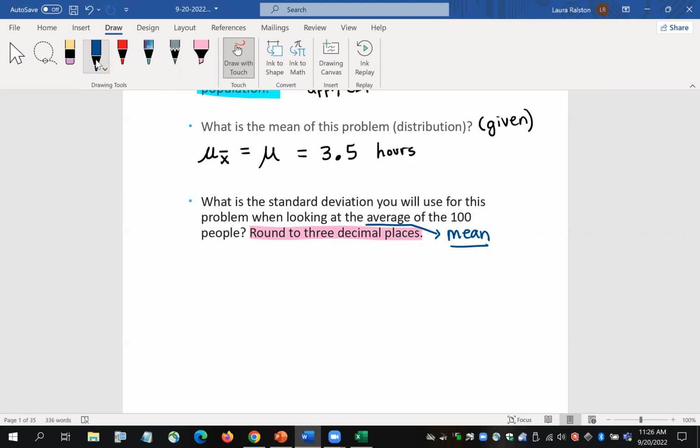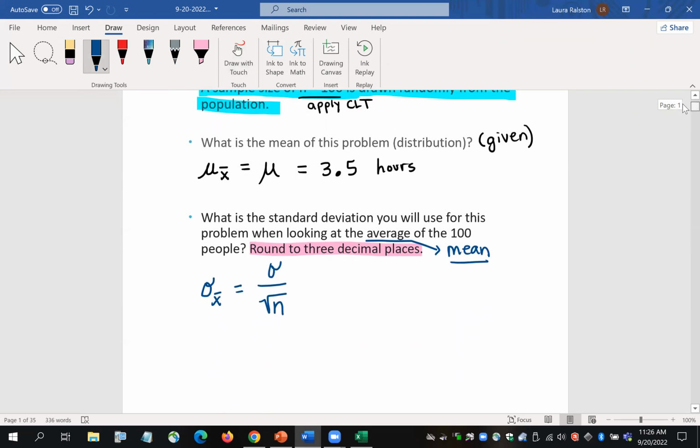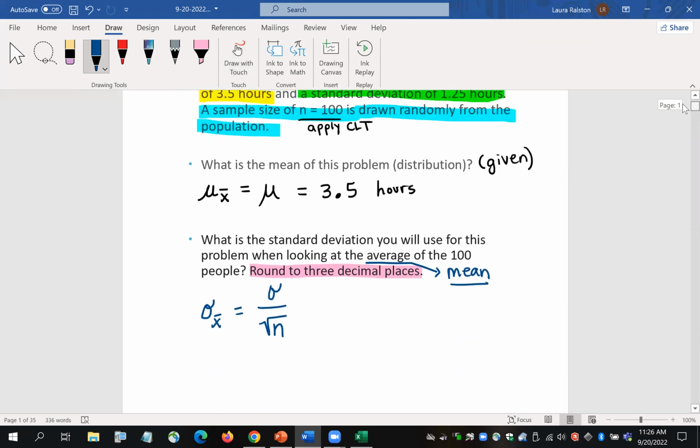Okay, so again, we know we're applying the central limit theorem. The standard deviation for the central limit distribution is the original divided by the square root of the sample size. So this one is, for all intents and purposes, given to you, but it's going to require you to do a basic calculation. So the standard deviation was given as 1.25 divided by the square root of 100.